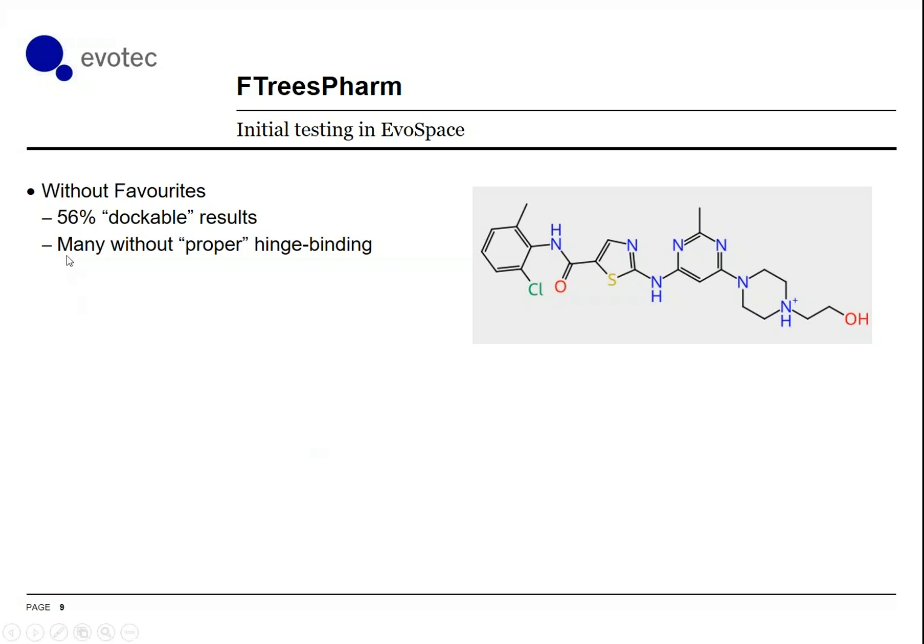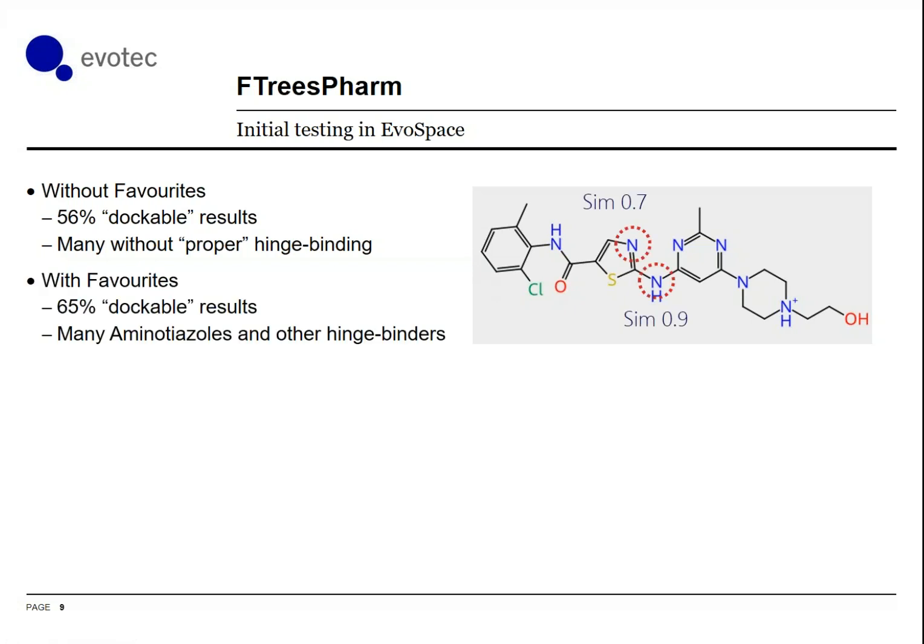But among the hits, we found also a lot of compounds without a proper hinge binding motif, because FeatureTrees doesn't know where the hinge binding motif is. It just takes every portion of the molecule and treats it similarly.